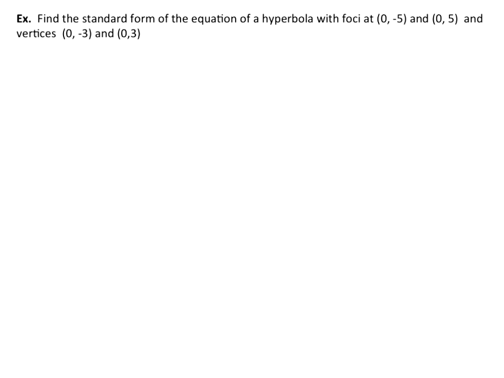So the first thing I'll point out to you about this problem is, notice your foci and the vertices that are given are all y-intercepts. They are all y-intercepts, which means my transverse axis, I'll just call that TA, is going to be vertical.